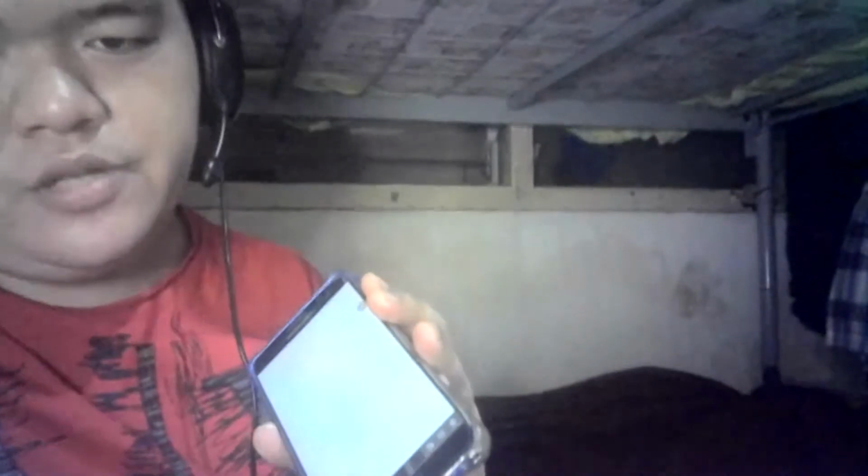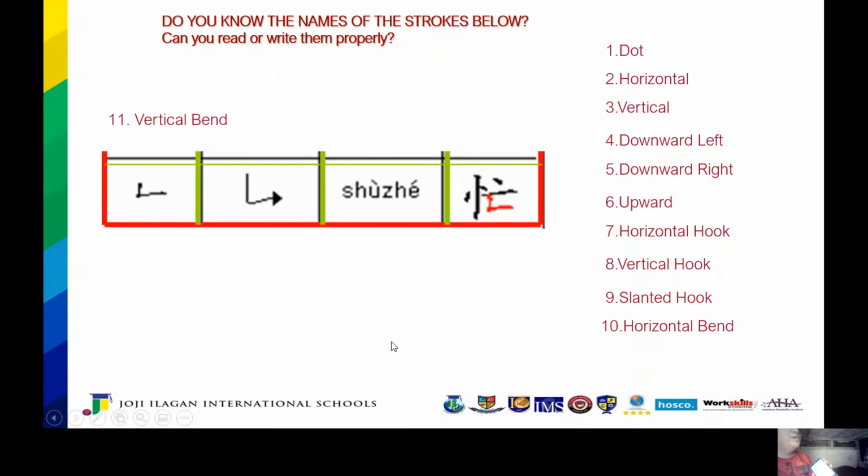That's the next stroke. Let's go to the last stroke in Chinese writing. This is the vertical bend, shuzhe. Baliktad lang siya ng ano. You start with a vertical line, then a horizontal line. Let me show you. Shu.